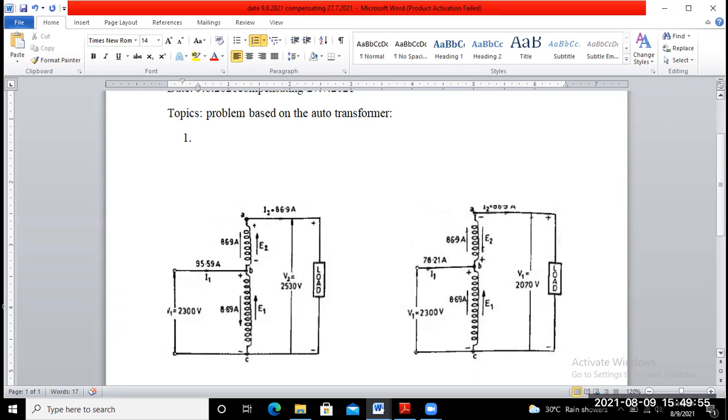If that two winding transformer is connected as an auto transformer, then find out the various components of the auto transformer.